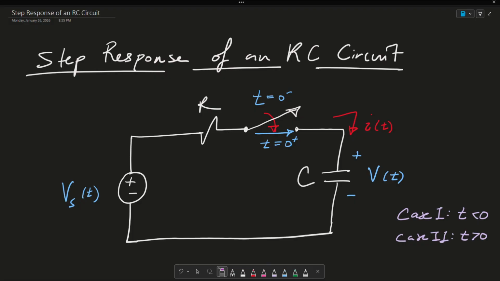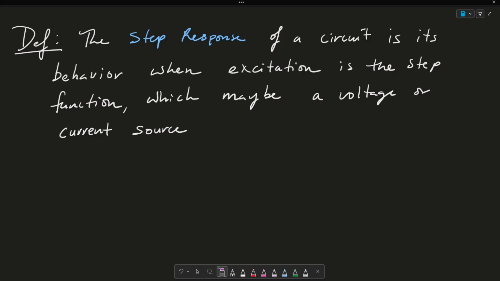Okay, so let's go ahead and define what a step response is. The step response of a circuit is its behavior when the excitation is the step function, which may be a voltage or a current source.